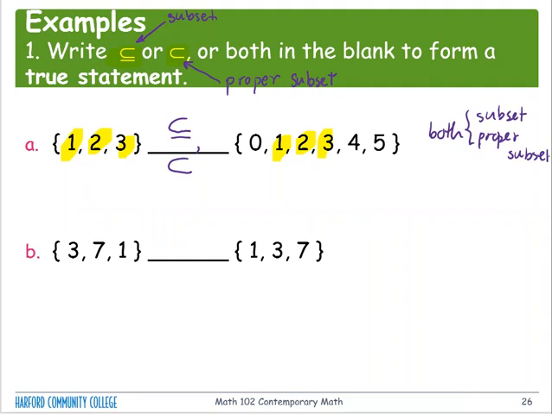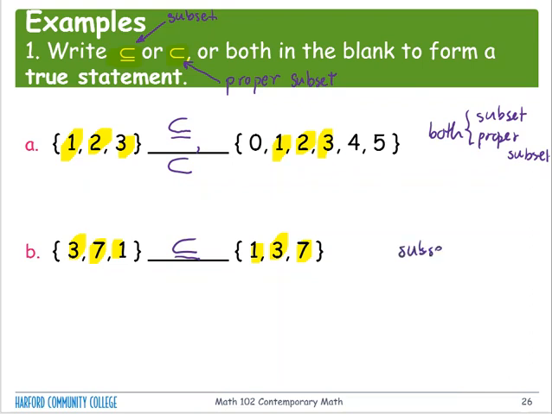For this case, and then example B, the left-hand side set contains 3, 7, and 1. The right-hand side set has 1, 3, 7. Even though they are not in the same order, they both have exactly the same numbers. We can say the left-hand side is a subset, so we put the notation for the subset, the U sideways with the line underneath.